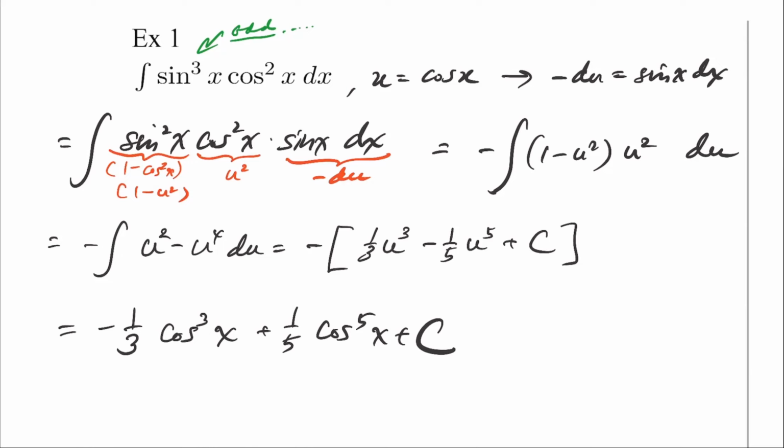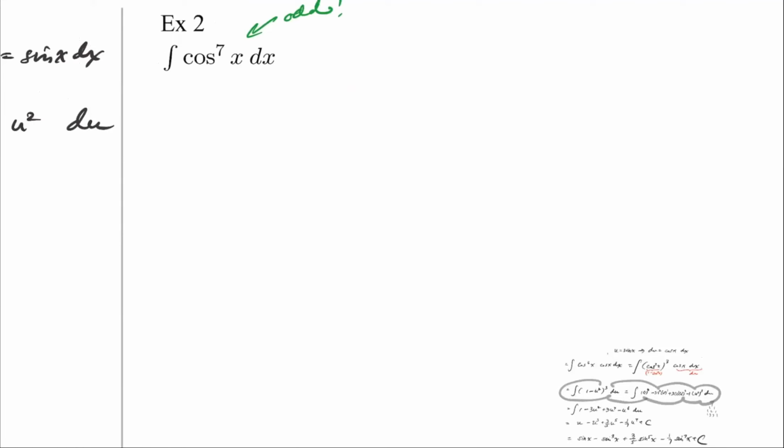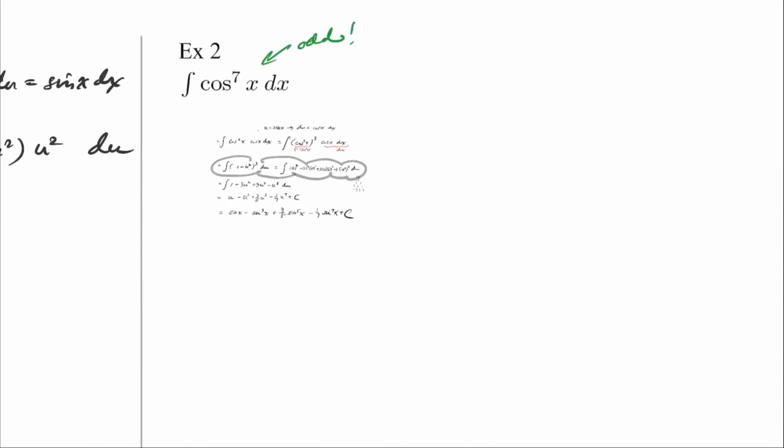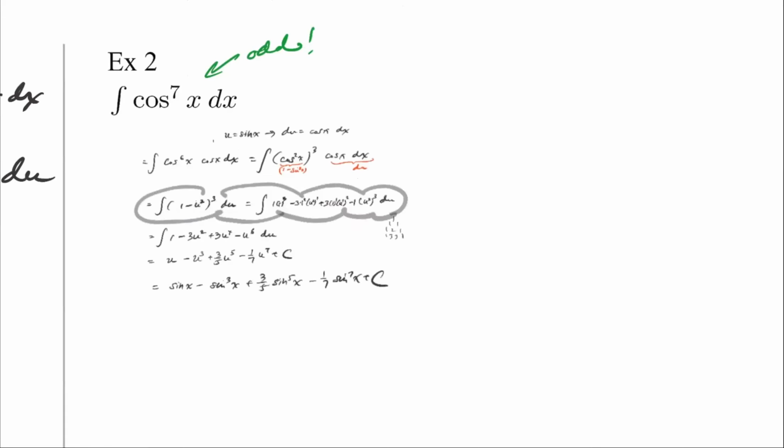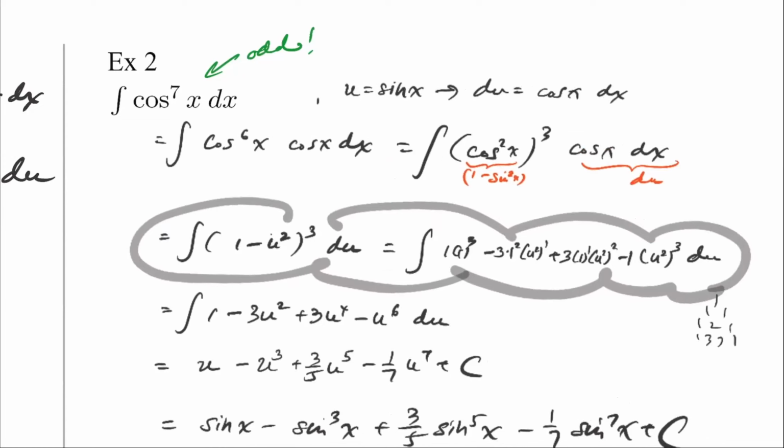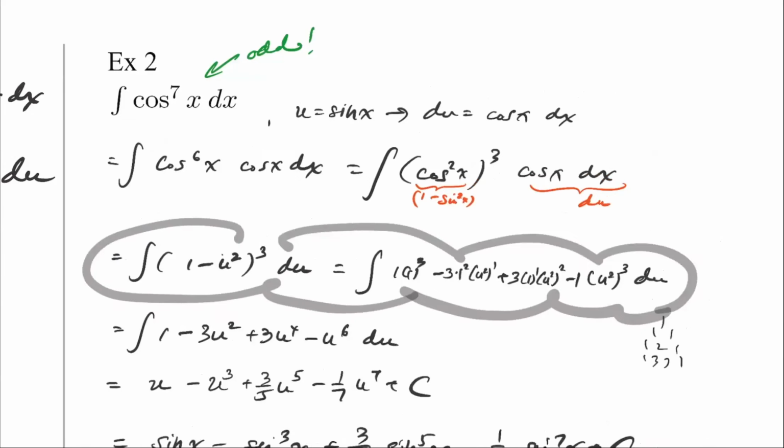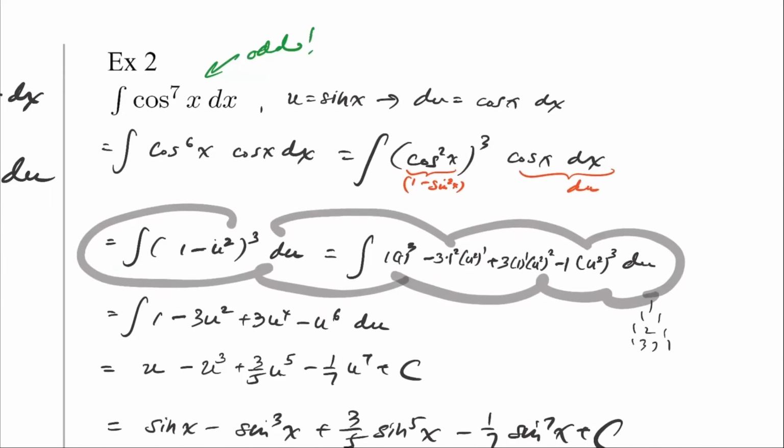All right. Now let's try that with the next question, right? So when this is cosine of x, we do the same exact thing. And here we go.